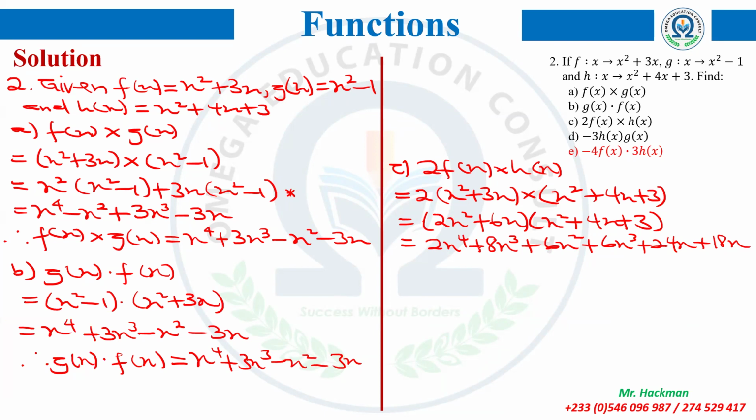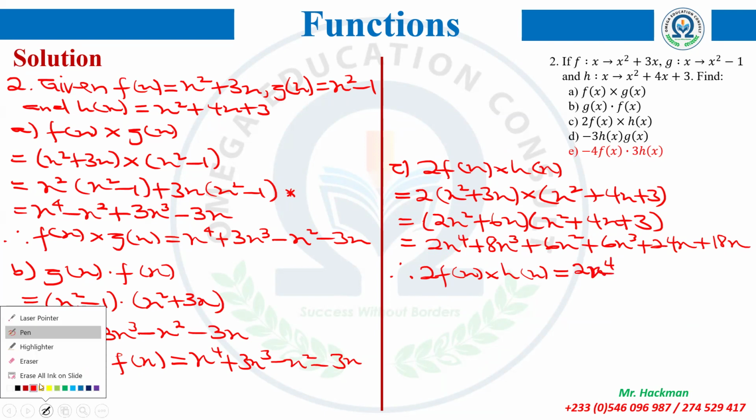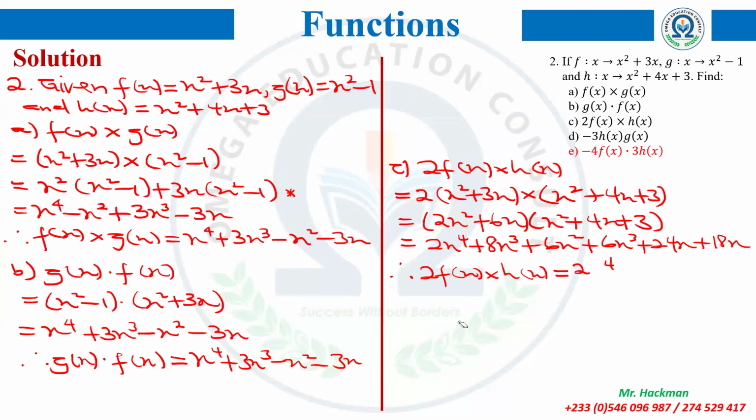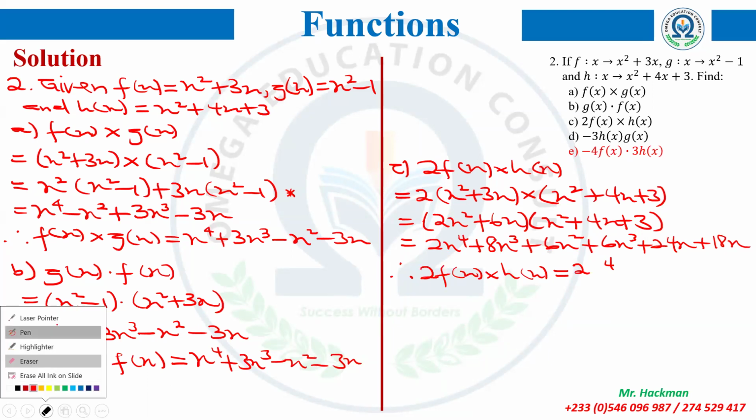I will write, therefore, 2 f of x times h of x, what I was given, will be equal to the highest power, which will be x to the power 4, and it's positive, no other term. So 2x to the power 4. Then I go to my x, which is looking very ugly, so let me clear it and write it well.